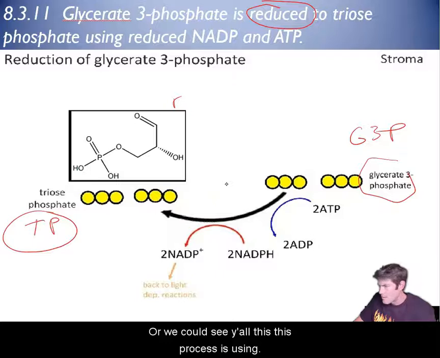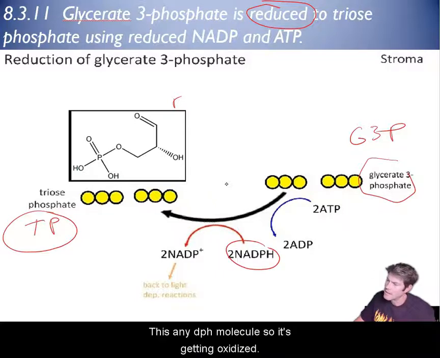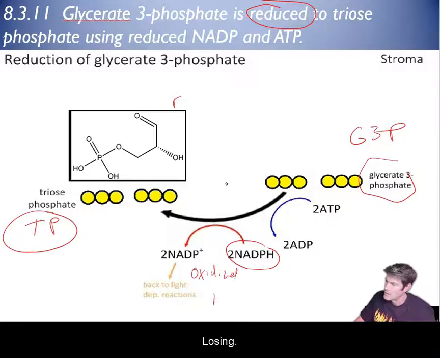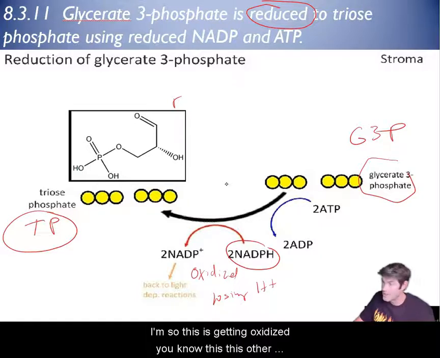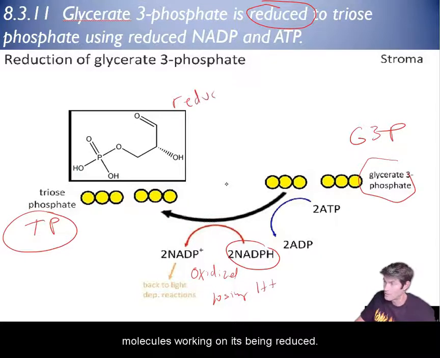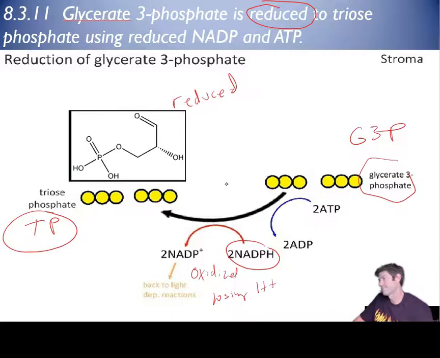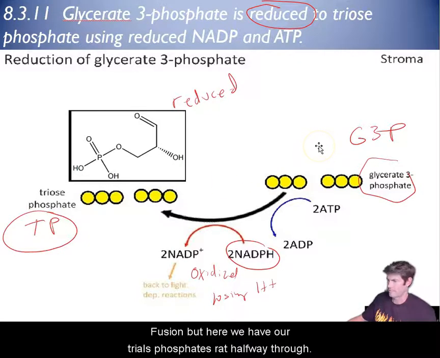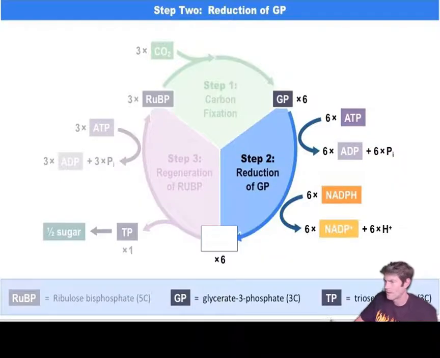And we can see, you know, this process is using this NADPH molecule, so it's getting oxidized because it's losing a hydrogen there. So if this is getting oxidized, this other molecule is being reduced. Confusing. But here we have our triose phosphate, so we're about halfway through the cycle.